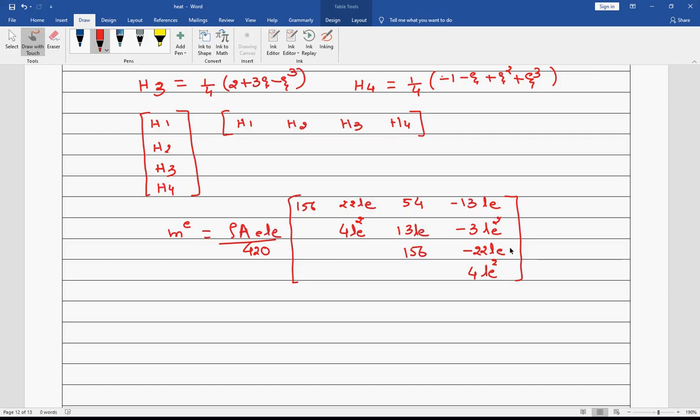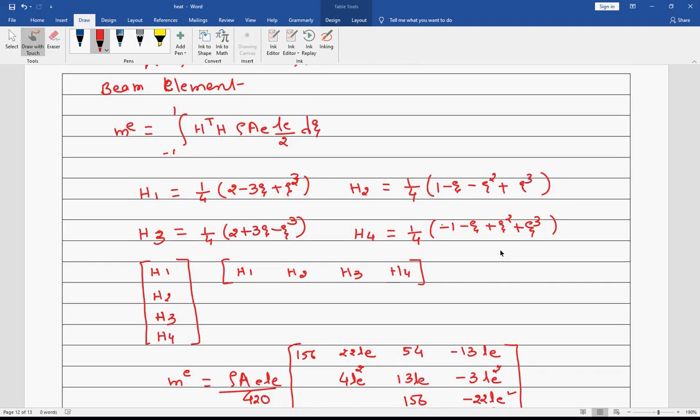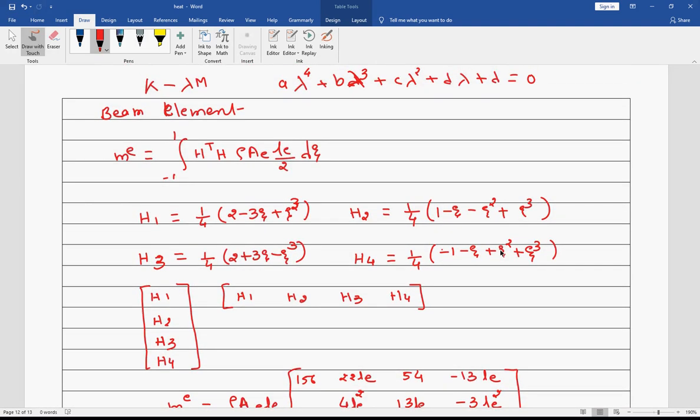Okay, so just give me a time. I just check whether it is minus 22 or not. Yeah. Okay, so it's minus 22 LE. So this is correct. So you can write down. Okay, so now you can take maybe a screenshot of this.